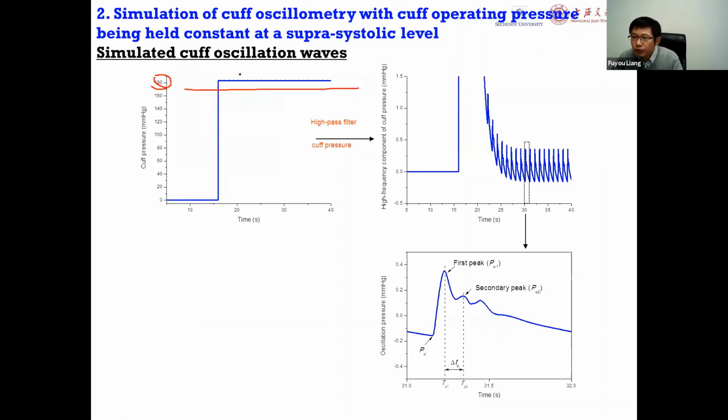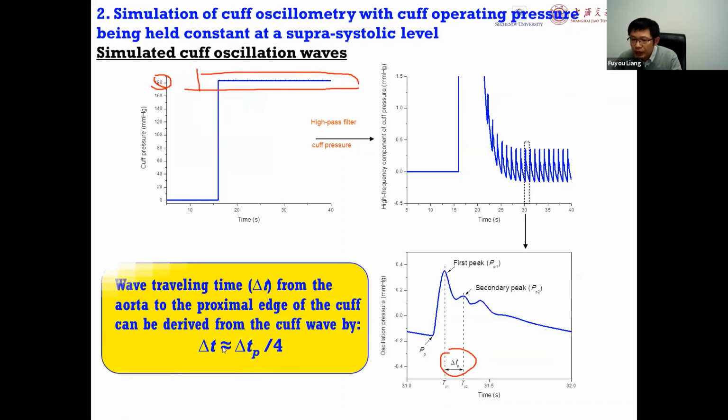And again, we apply a high-pass filter to this cuff pressure data, and then we can obtain the cuff wave. And as I mentioned previously, we have two peaks, and then we got that TP. Then from that TP, we can estimate the wave traveling time between the aorta and the proximal edge of the cuff.